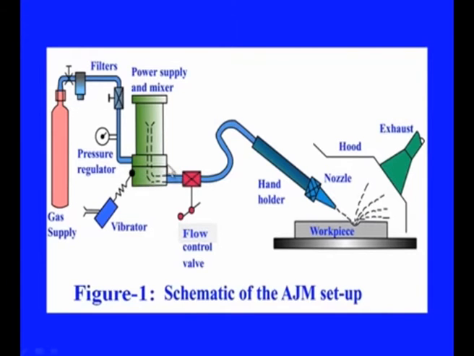This pressurized gas and abrasive mixture is then flown through this hose system, through this flow control valve, and this can be made handheld as well as it can be mechanized. At times it can be robo controlled as well, and can be made to target the point where the cutting or the finishing is to be carried out.